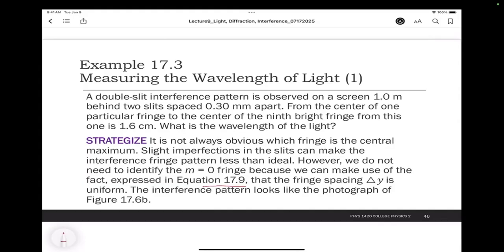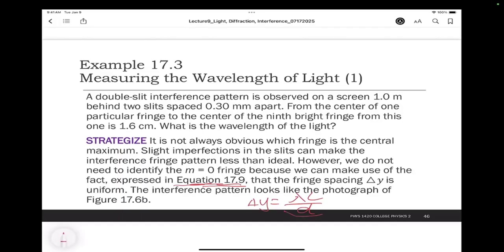Example 17. It is not always obvious which fringe is the central maximum; slight imperfection in the slits can make the interference fringe pattern less than ideal. However, we don't need to define the m equals 0 fringe because we can make use of the fact that the fringe spacing delta y, which is lambda L divided by d, is uniform.